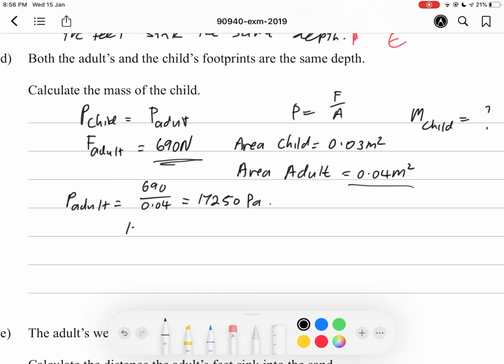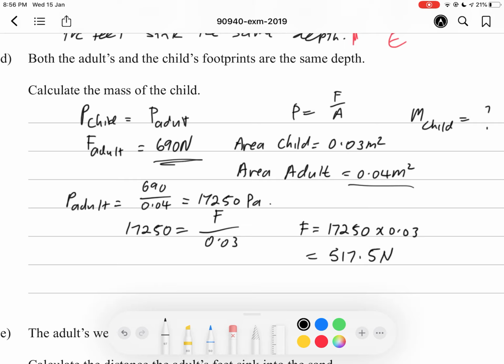So 17,250 is equal to the force of the child, which we don't know, over the area of the child's feet, which is 0.03. So our force would be equal to 17,250 times 0.03.